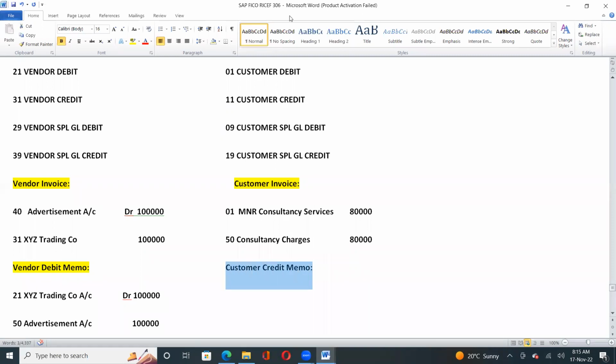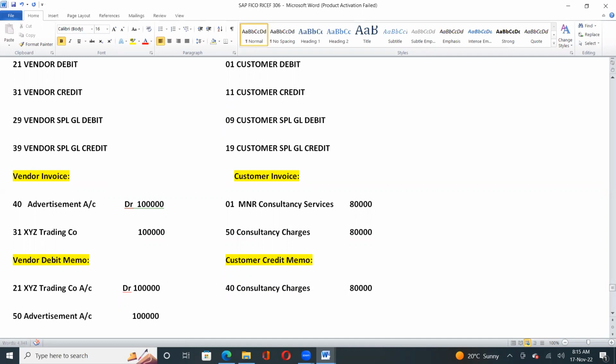Next one, customer credit memo. Okay, so customer is returning to us. So what would be the entry? 40 consultancy charges debit, 11 customer credit. 40 consultancy charges, 80,000.